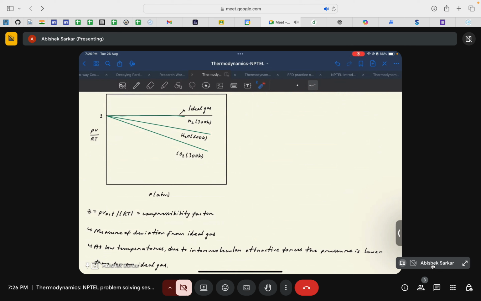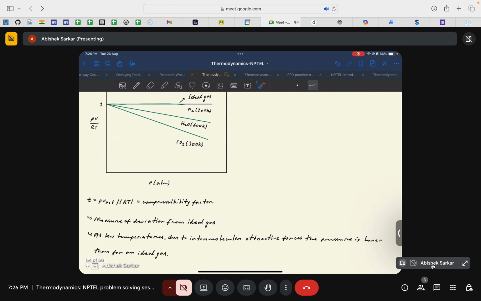For an ideal gas, PV by RT gives a constant value, so if it varies, it is an actual gas. The compressibility factor is a measure of deviation from the ideal gas. Sir discussed this through elaborate plots, so I suggest you look into the lectures for better understanding.